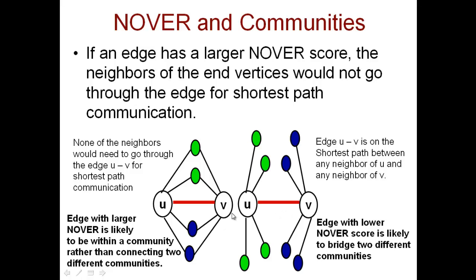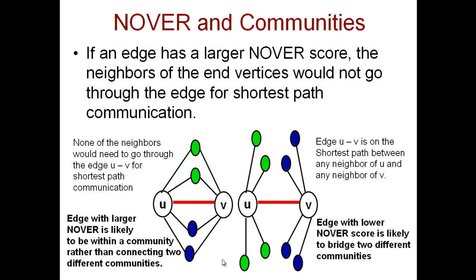On the other hand, if this edge uv is such that the end vertices share all their neighbors, then it's well within the community. It's not bridging two different communities.